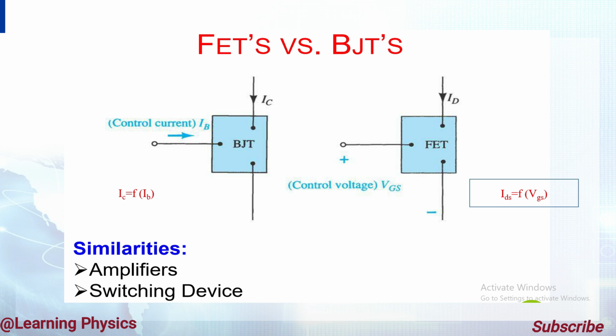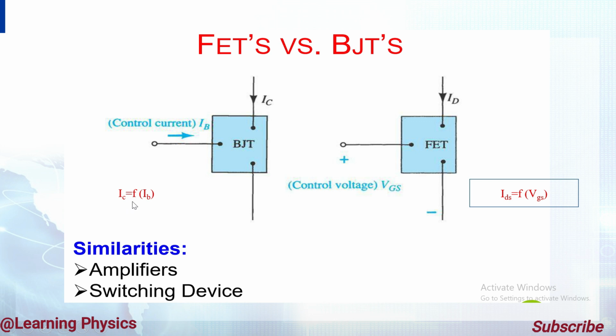We can see that BJT is also a three terminal device, which is controlled by base current. Here is the base, we apply the value of current to control the BJT, and FET also is a three terminal device. FET is controlled by gate to source voltage, and here is the formula.